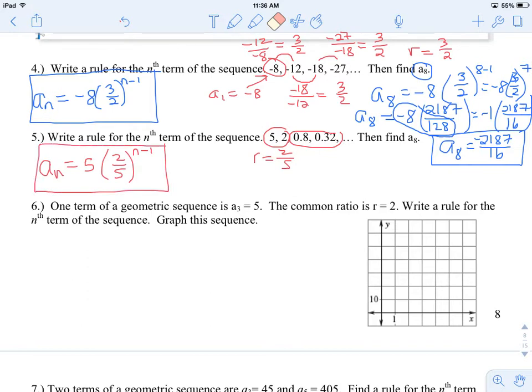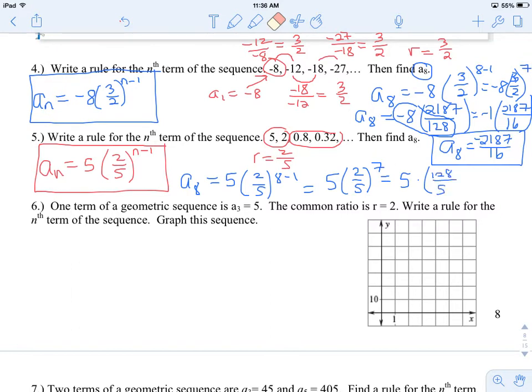To find a sub 8, replace the n with 8, so we have 5 times 2/5 to the 8 minus 1, so 5 times 2/5 to the 7th. Well, 2 to the 7th we just did in the last problem, that's 128.